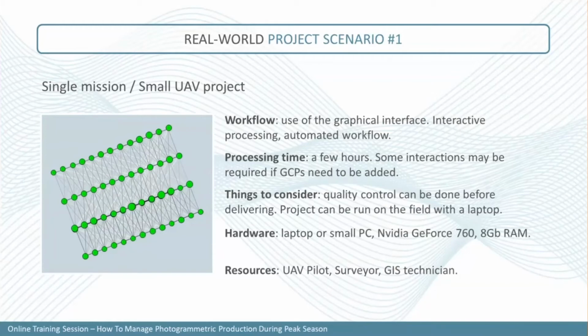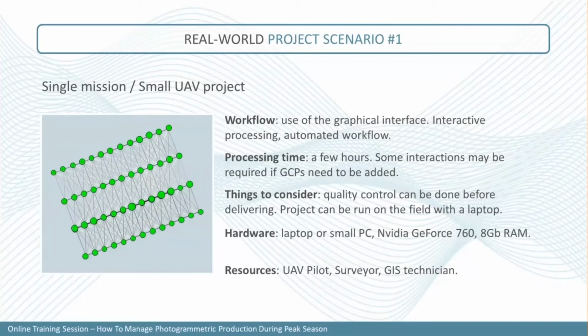For this type of project, some things to consider: the quality control can be done after the project is done, so you can run everything with the automated workflow and do the QC once the project is created, since it's quite fast to run.